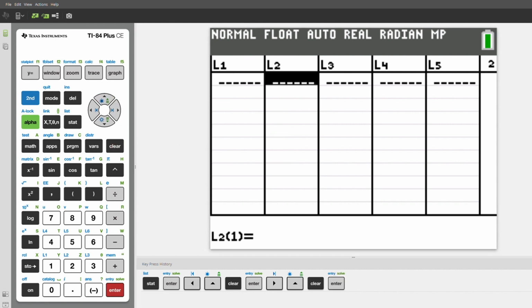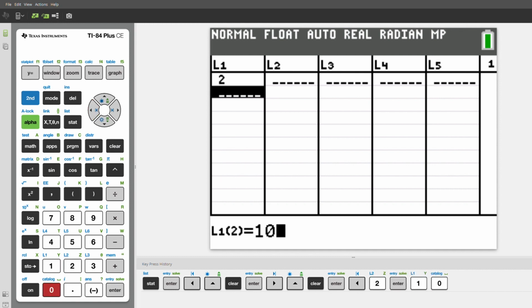Then we type in all of our inputs, the number of classes missed into L1, and the final exam scores into L2. You can either use the arrow buttons to move on to the next numbers, or just press enter after each input.